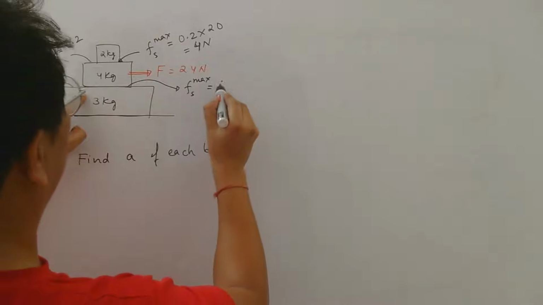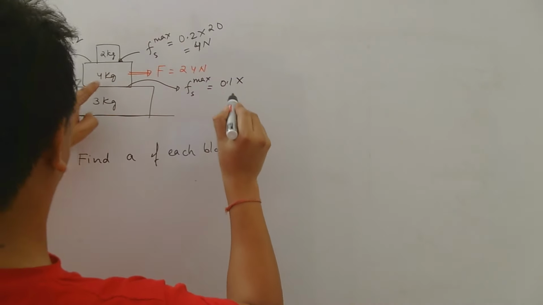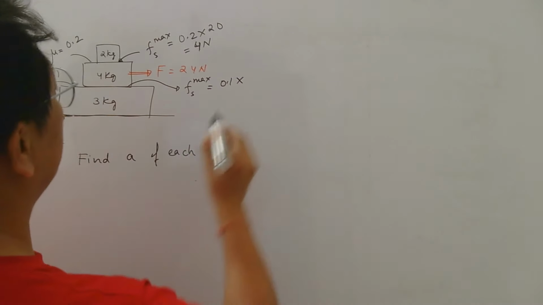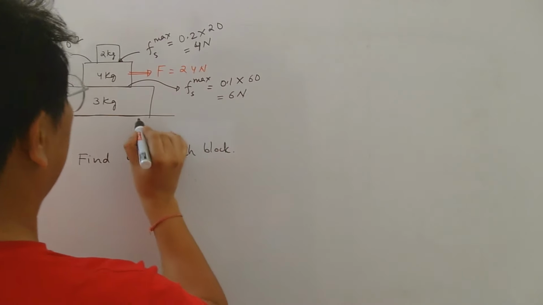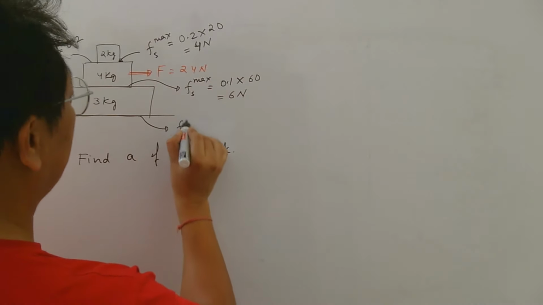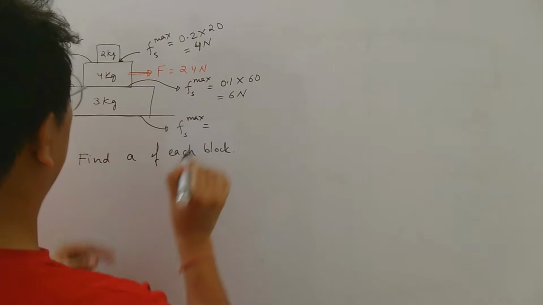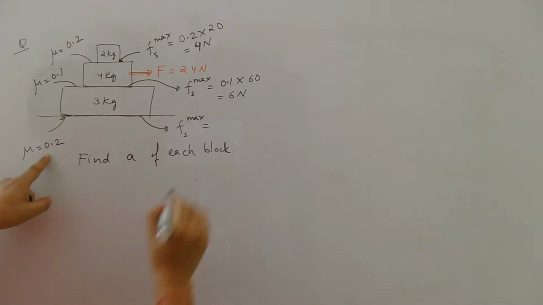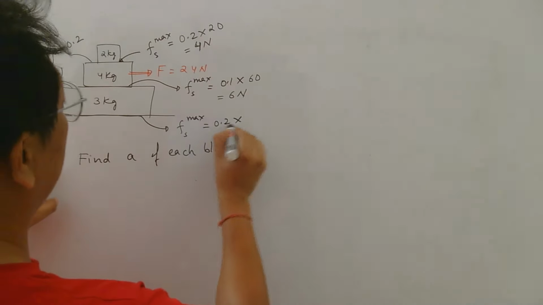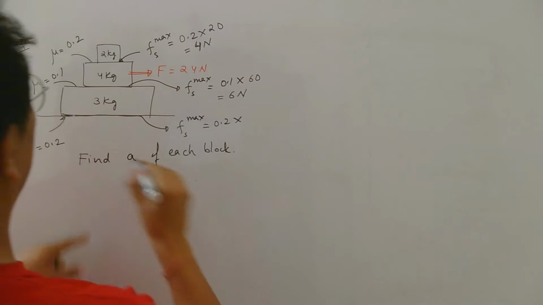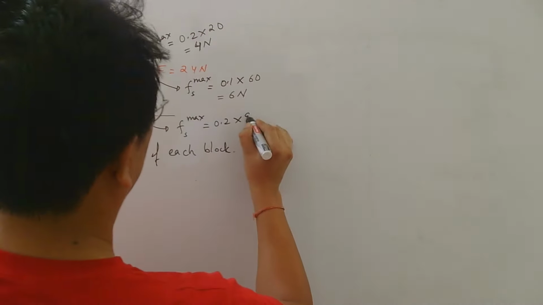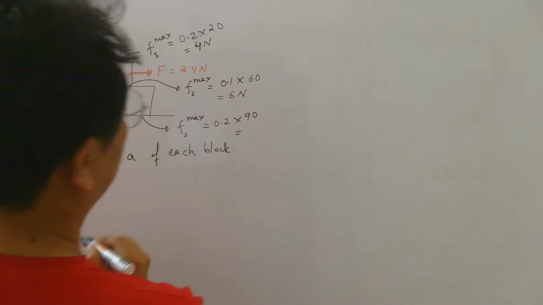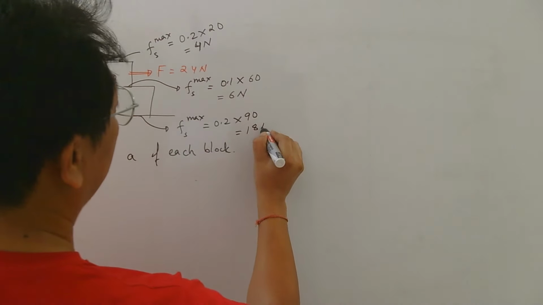Mu here is 0.1 into 4 plus 2, 6 kg, into g will be 60, so this is 6 Newton. And maximum static friction here is equal to mu, 0.2, into the weight of everything here: 3 plus 4 is 7, 7 plus 2 is 9, so 90, which equals 18 Newton.